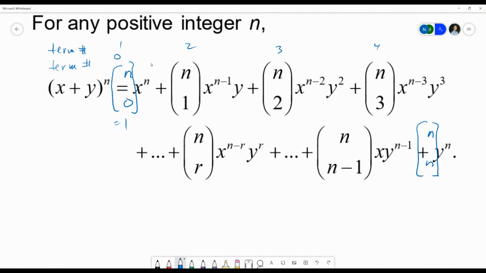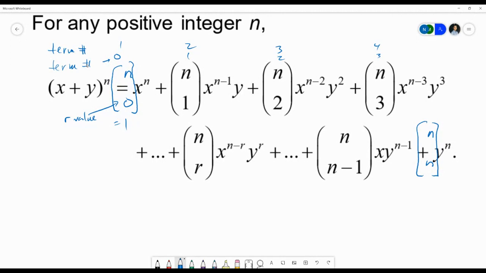There are 2 different ways to look at this. Now, if you choose the term number to be 0, 1, 2, 3, all the way up to n, that way you can match the R value with your term number.